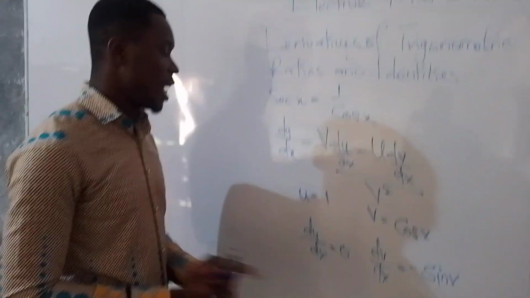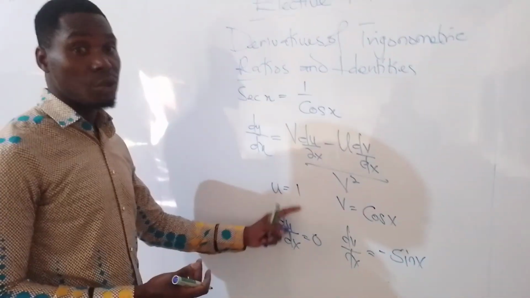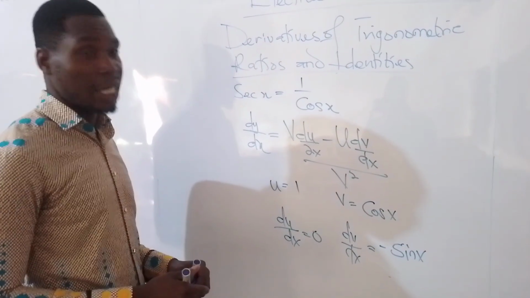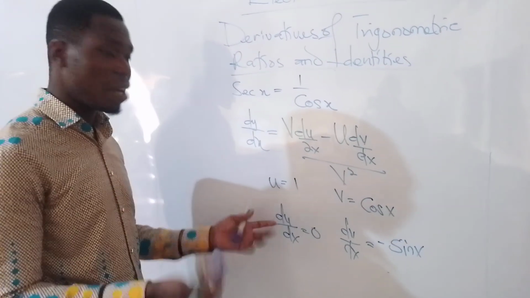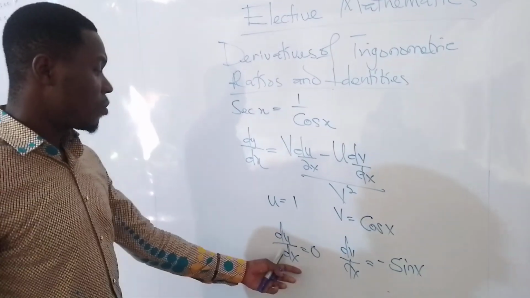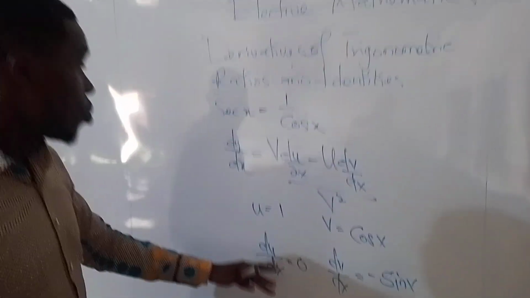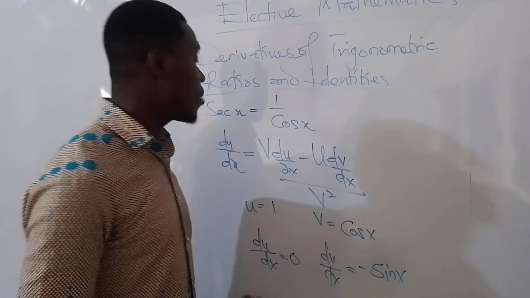When we are differentiating constants, the expression vanishes. We don't have anything. So from here, let's now do the substitution. Here we have 0, which is nothing. So let's now put it into our general formula.